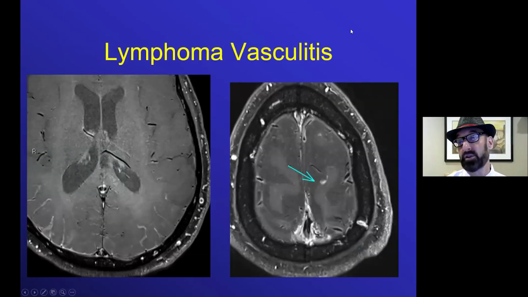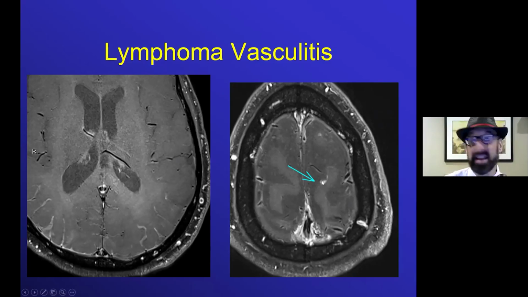Lymphoma may also lead to a vasculitis, and this may be a vasculitis associated with either the treatment of the lymphoma itself, or sometimes, remember, we do have intravascular lymphoma, which can lead to presentation with even strokes, even though it's a lymphoma final diagnosis.